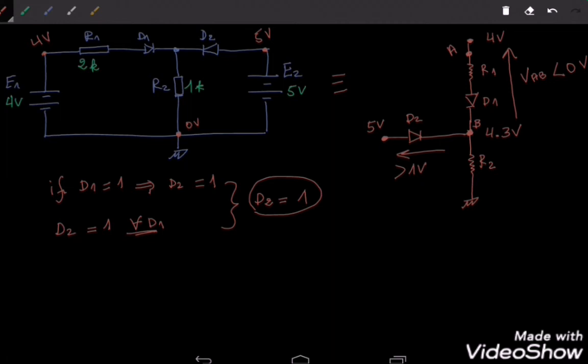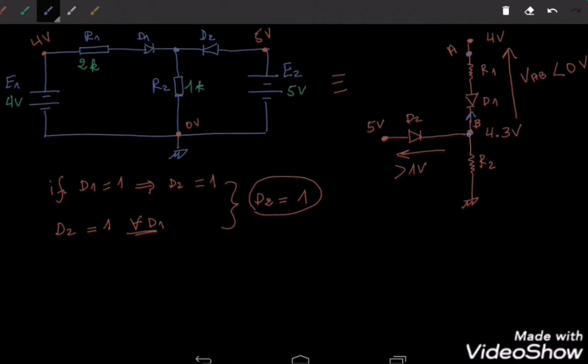In other words, this voltage will force the current to pass from the point B to the point A. But this is impossible because D1 will oppose the flow of current from the point B to the point A. So from this I can conclude that D1 is going to be reverse biased. D1 reverse biased means that D1 is blocked, right?